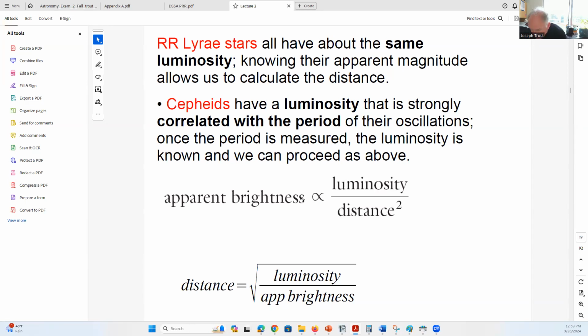As we look at the brightness coming off a star, as the light moves out, it spreads out over a larger area, and an area is just a distance squared. So our apparent brightness comes out to be the luminosity divided by the distance squared. So if I want to know the distance, it's equal to the square root of the luminosity divided by its apparent brightness.